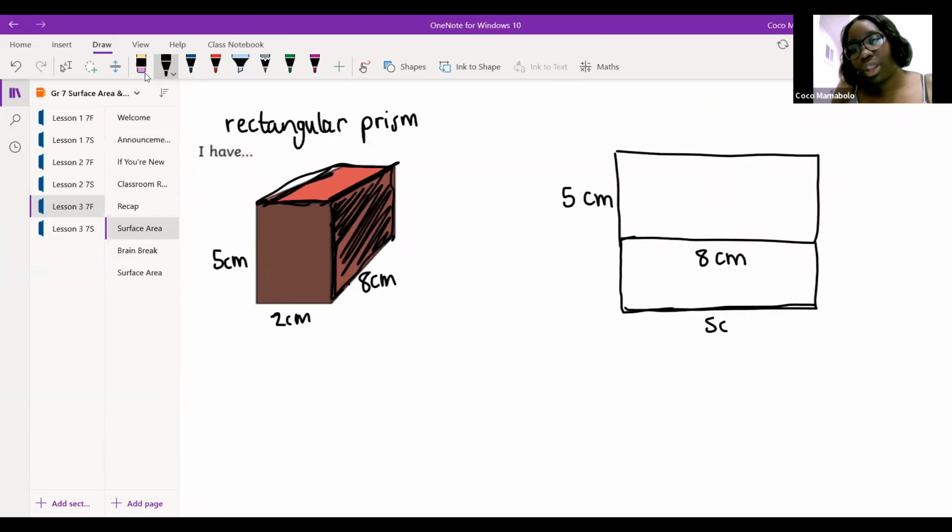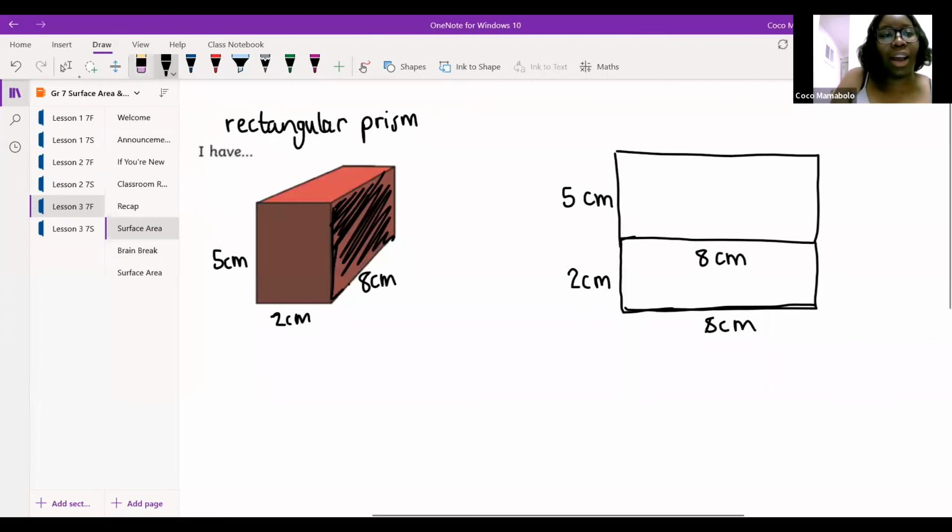Now, I already know that this side is 8 centimeters. What is this short side over here going to be equal to, guys? Oh, Tyler, I don't know how we made it to 7. Okay, good. It's going to be 2 centimeters long. Good. So this side over here is going to be 2 centimeters.